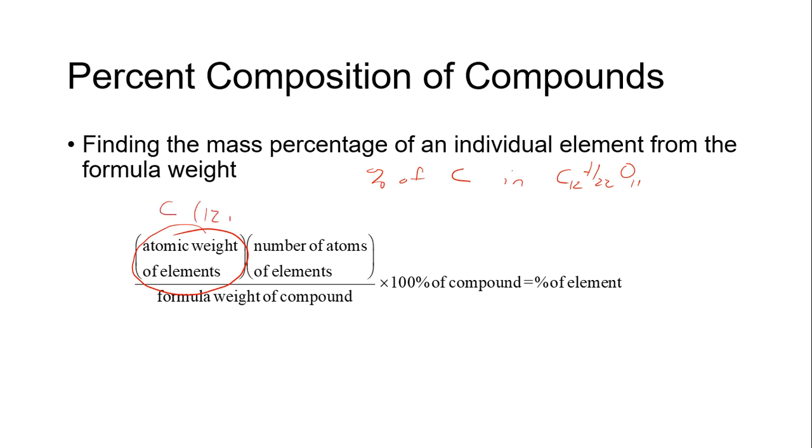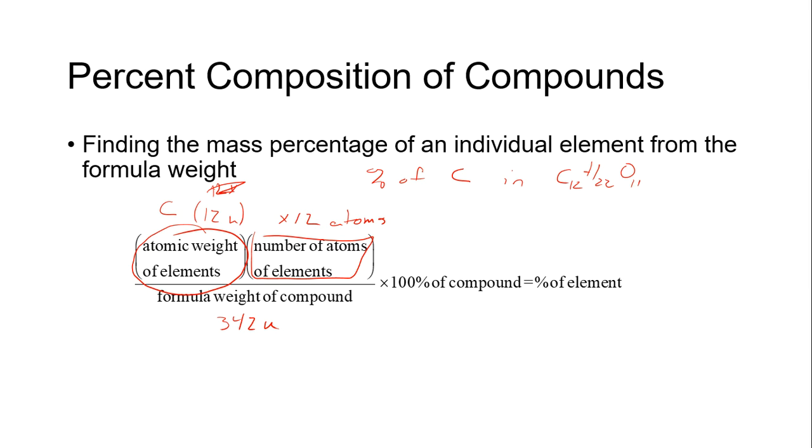It has a mass of 12 atomic mass units, 12 of those. Oh, excuse me, that comes in right here. The number of those atoms, there are 12 carbon atoms. And divide that by the entire formula weight, which we just found as 342 atomic mass units in the previous slide. Then we multiply that by 100%, and you get the total percent of the element.